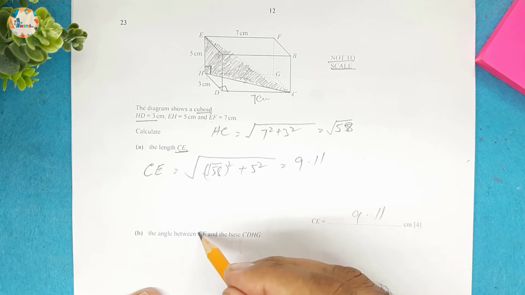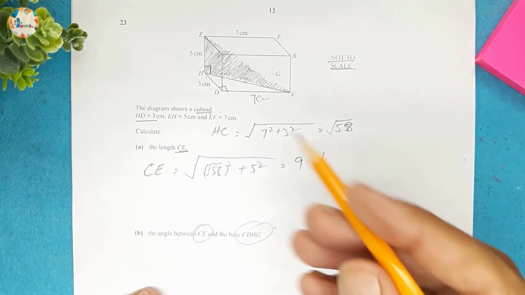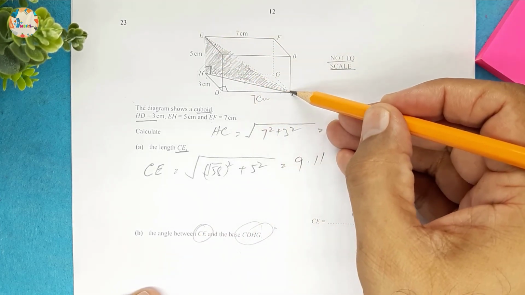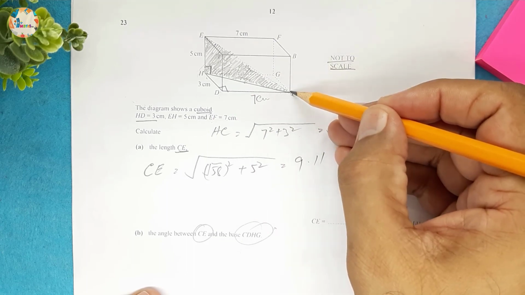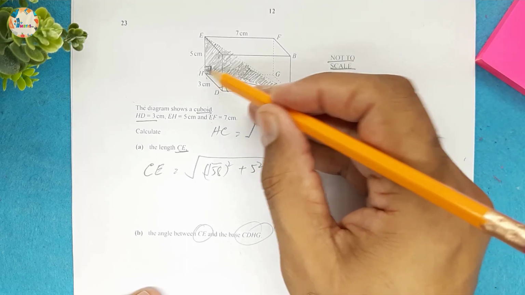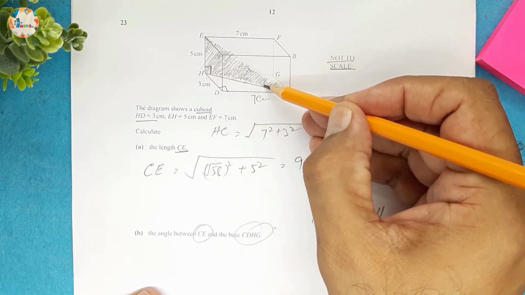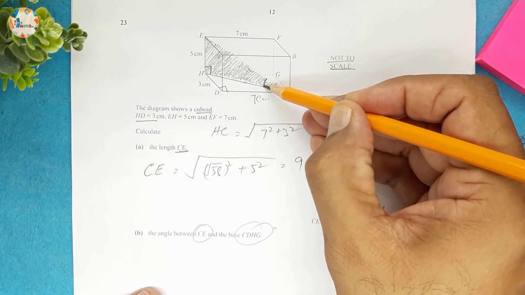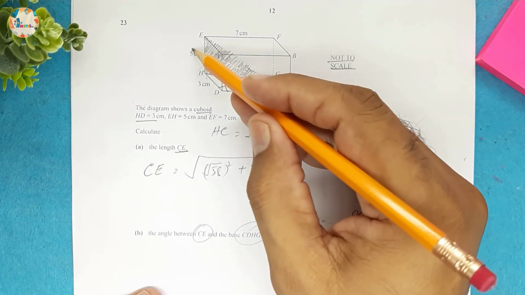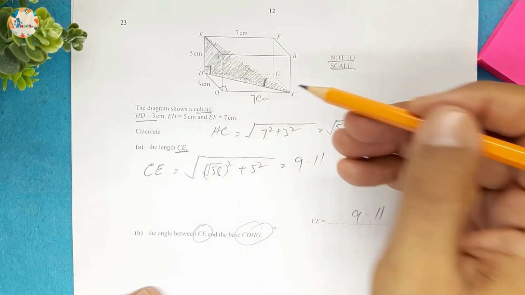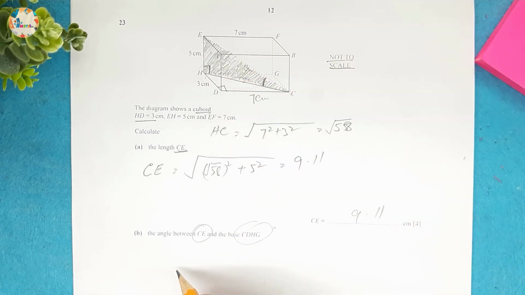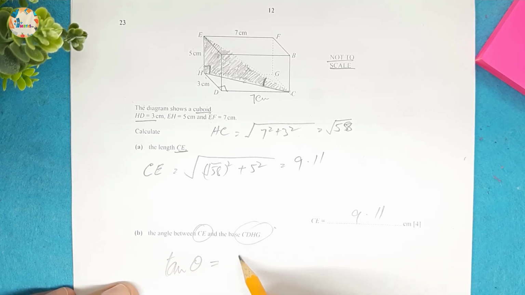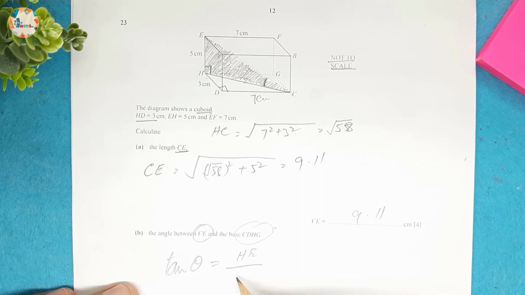The angle between CE and CDHG, this angle is required. For that we have opposite and we have adjacent also. So opposite over adjacent will be tan theta. So tan theta will be equal to HE over HC.